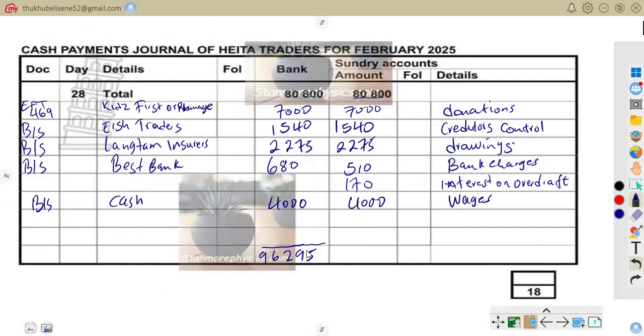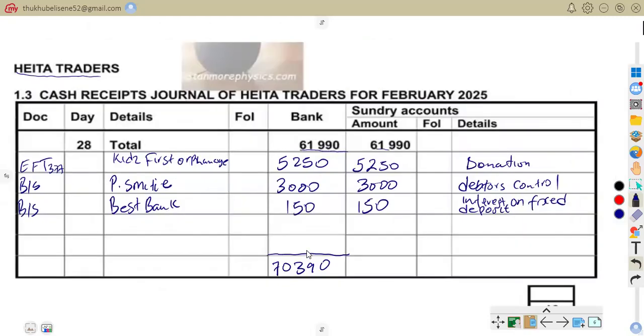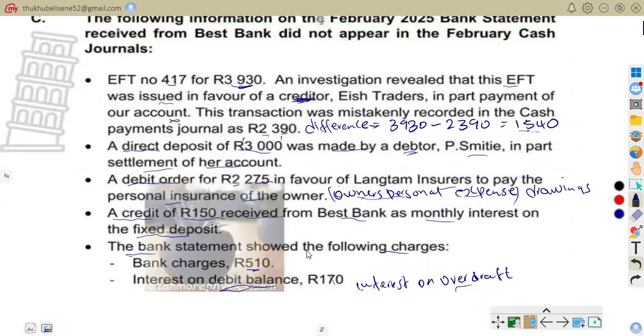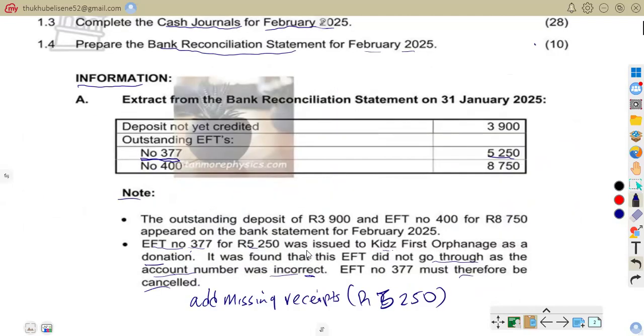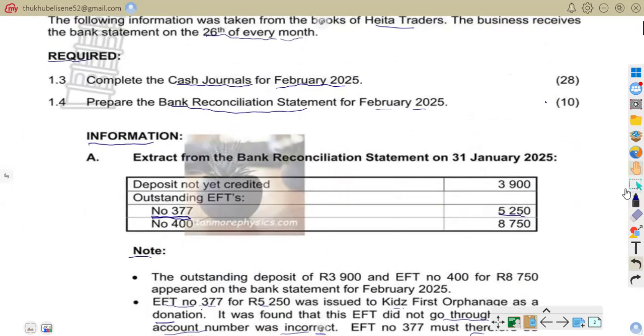So remember 1.4, we are asked to do the bank reconciliation statement. Prepare the bank reconciliation statement for February 2025.